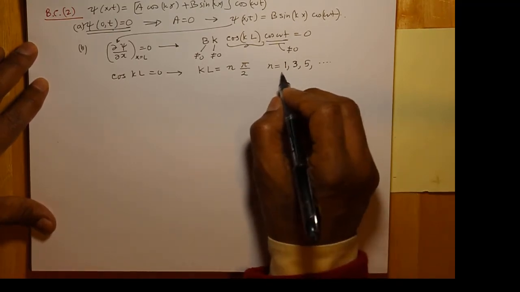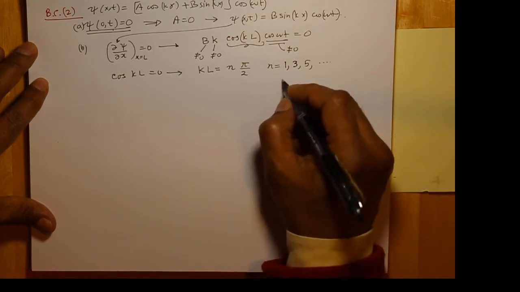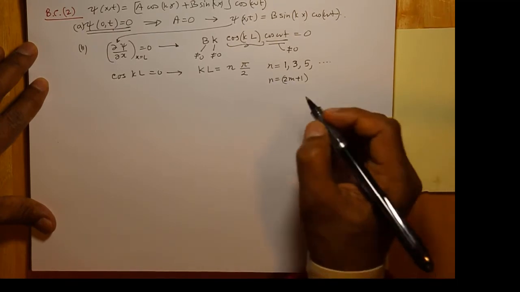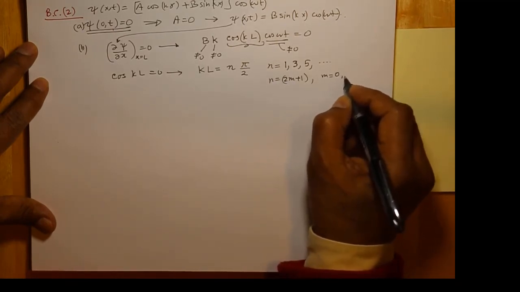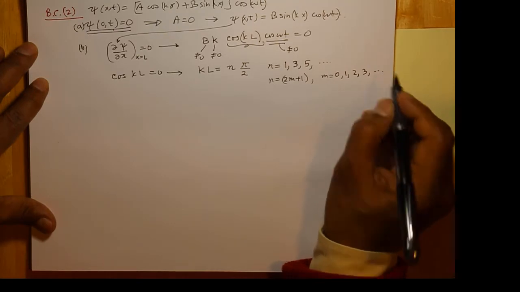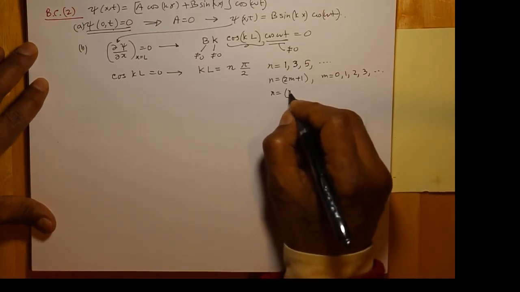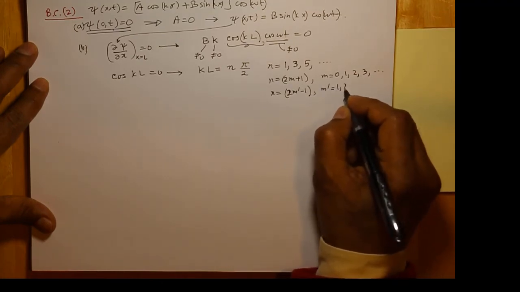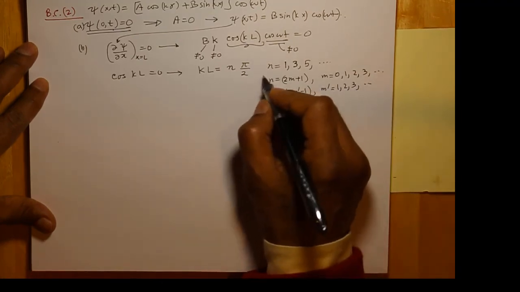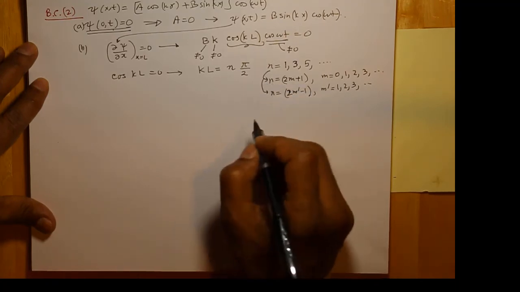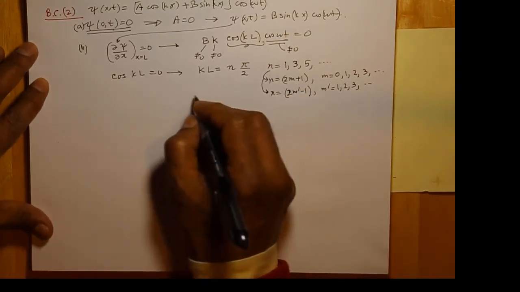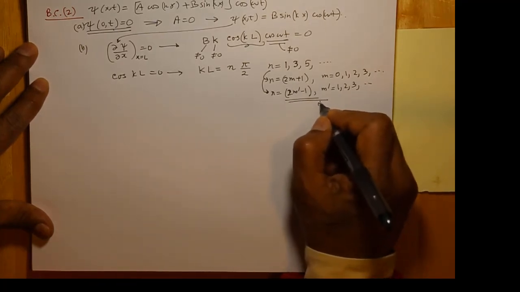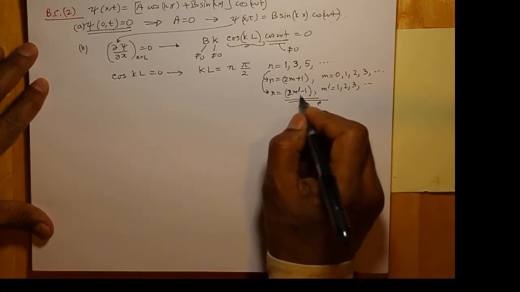If you want to write for all n's, you can generate that as 2m plus 1, with m equal to 0, 1, 2, 3, and so on. If you had n equal to m prime minus 1 with m prime 1, 2, 3, and so on, you can write this in these two different ways. Let's write it like this, and instead of m prime, call it m.